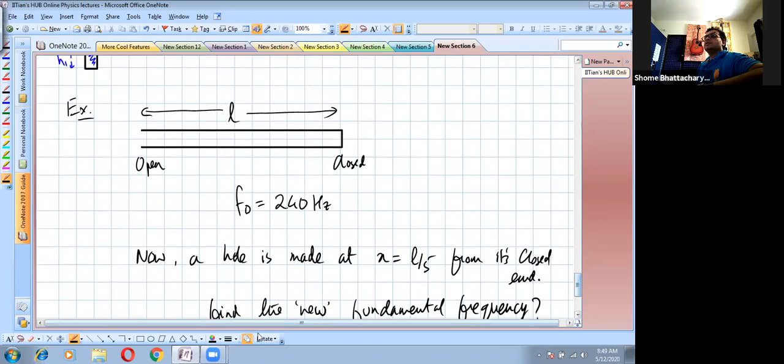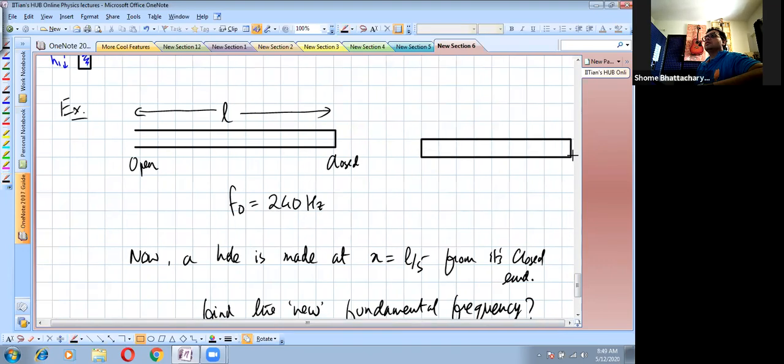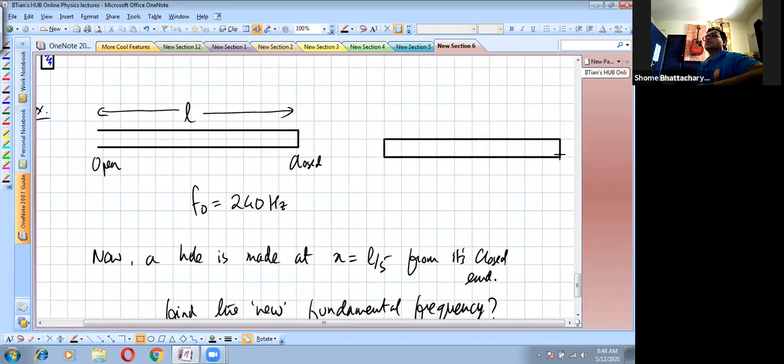So what is happening is, when we next do this, the same organ pipe now, now what we do is we make a hole somewhere here.